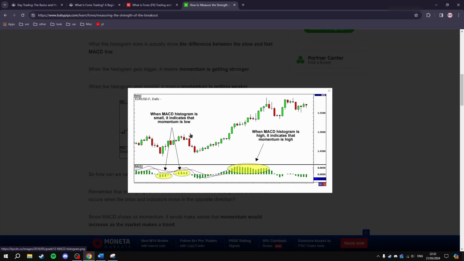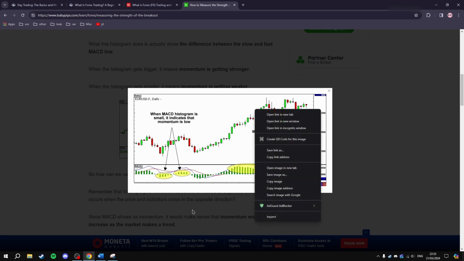So we've got the MACD here. When the MACD histogram is small, so when the bars are really small, it indicates that momentum is slow, so there's not much volatility going on. When the MACD histogram is high, it indicates that momentum is high, which means lots of price volatility going on, so there's a higher chance of a trend forming.